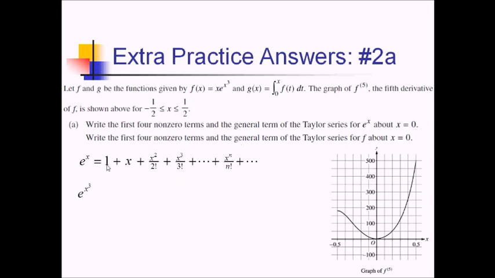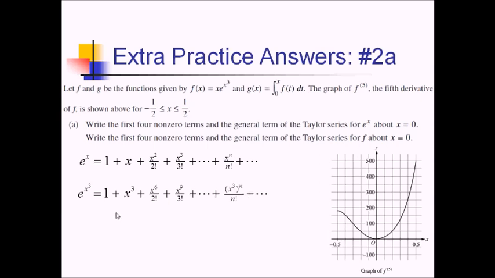So my first term is going to be 1. And then I have x with x cubed plugged in, which is just x cubed. This is going to be x cubed squared, which is x to the 3 times 2, x to the 6th over 2 factorial. Here we've got x to the 3 times 3, so that's x to the 9th over 3 factorial. And all the way out here, this is going to be x to the 3n over n factorial.